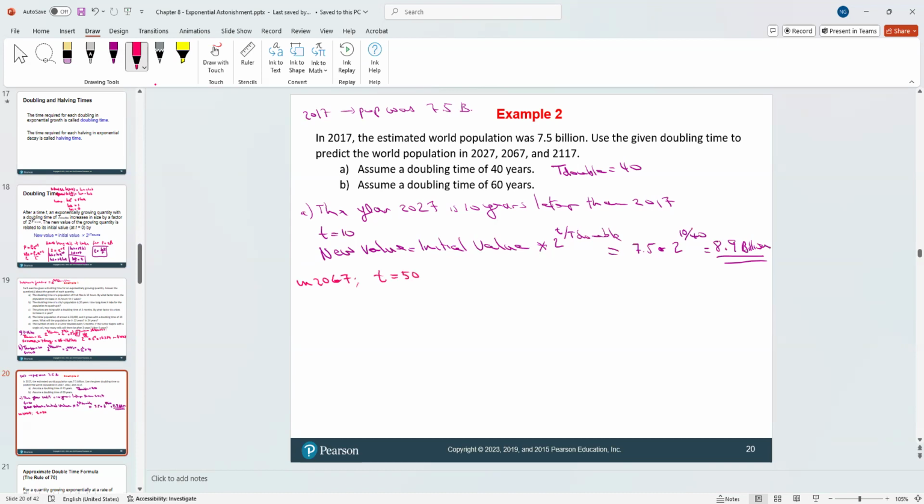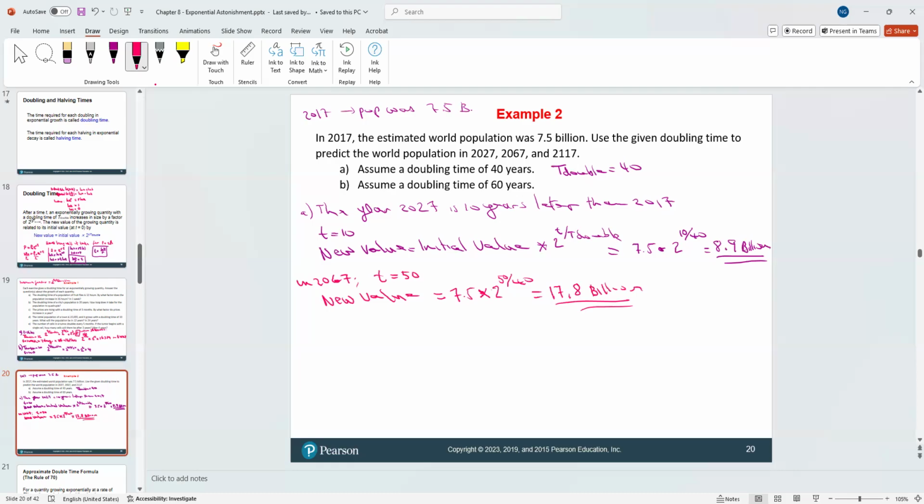If small t is 50, now the new value using the same formula from 2017 would be 7.5 times 2 power what? Small t is 50, and the doubling time is still the one that they give you in the formula. So the population by 2067 would be 17.8 billion people on Earth if nothing is done.